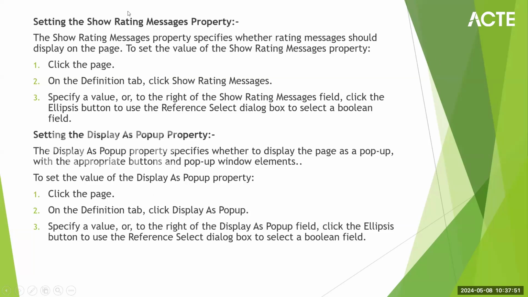Now you don't want the pages to be displayed in that way; you want them displayed as a pop-up. On click of the policy form button, a separate forms library pop-up will appear, showing what forms are in that particular policy. Those kinds of pages are called pop-up property pages. How do you apply that? Click on the page, on the definition tab, click display as a pop-up and specify a value, or you can map the respective condition if it already exists in your manuscript.